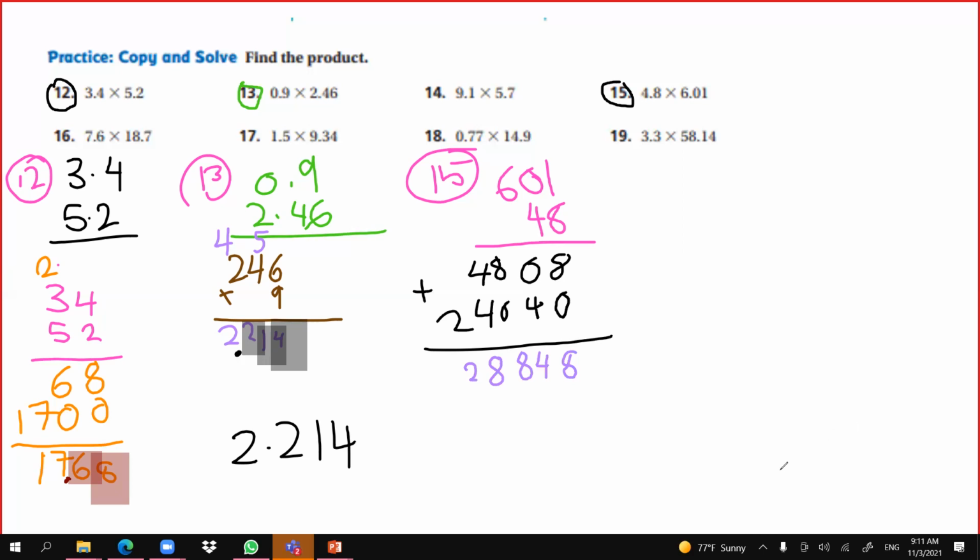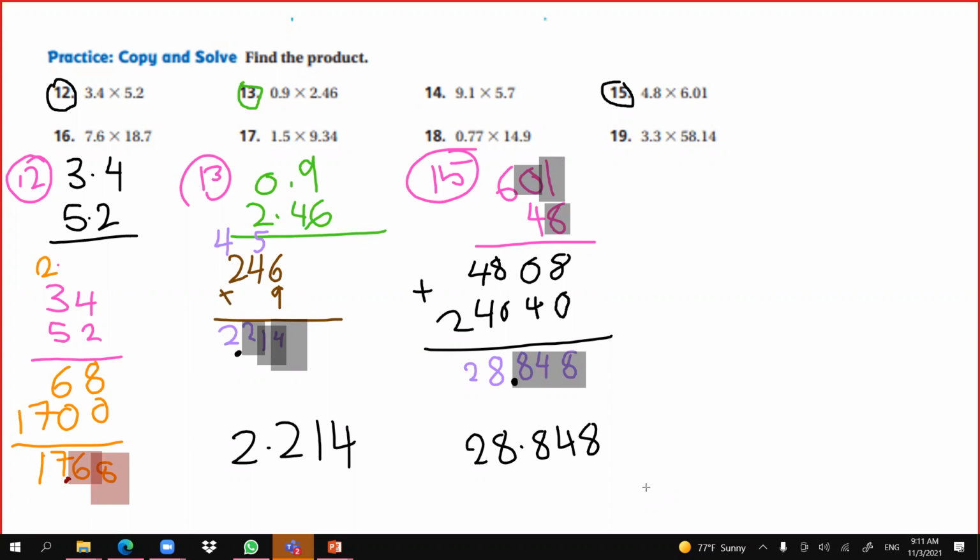After how many digits? 1, 2, 3. So we have to put it after 3 digits. So it's going to be 28.848. Thank you, Zain.